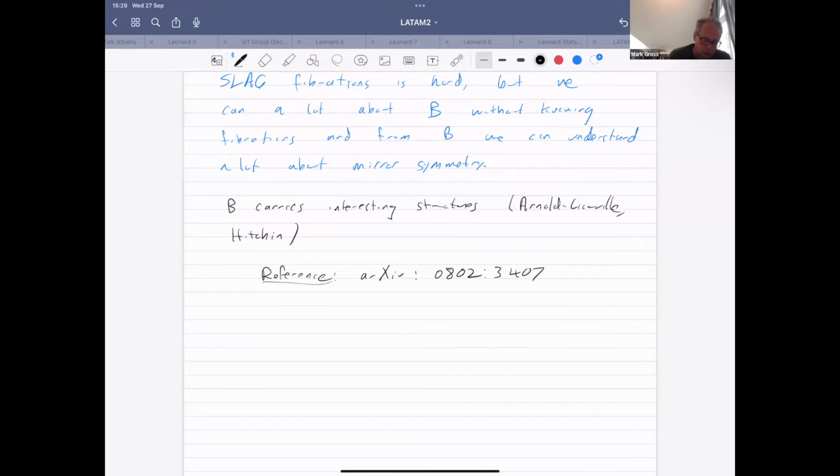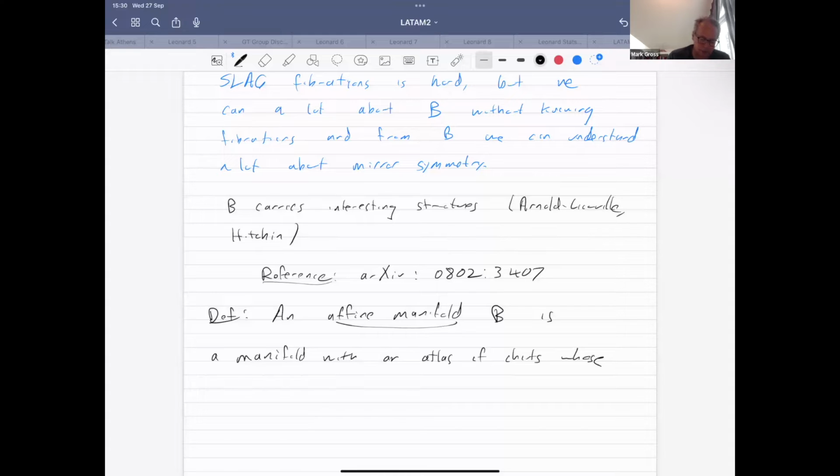Okay, so what is the first structure we're interested in? The definition: an affine manifold B is a manifold with an atlas of charts whose transition maps lie in the affine linear group of R^n.